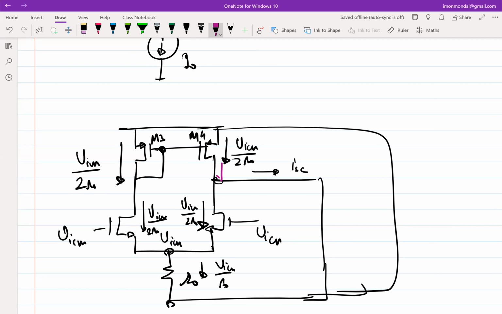Because whatever current is coming in is also going out. Nothing is flowing into the short. So ISC is equal to 0. Now in the Norton equivalent, the ISC would get multiplied by the output resistance, which we know is R04 parallel R02. But what is the gain of this configuration? 0. Right? Make sense?